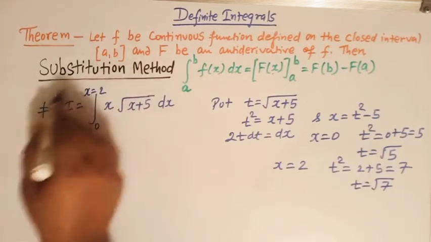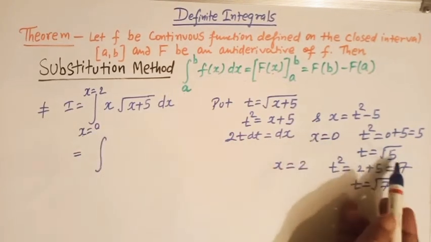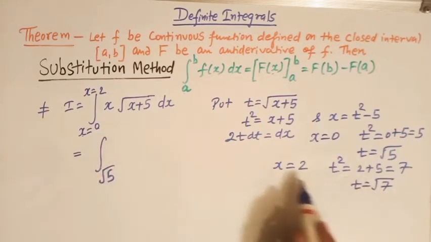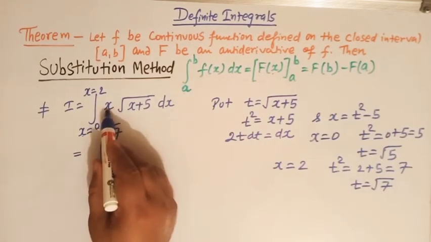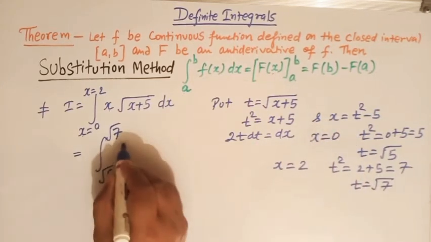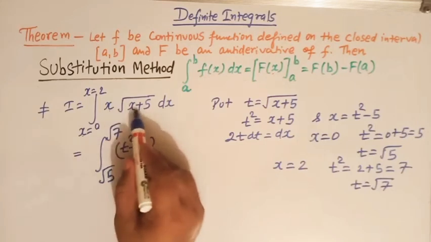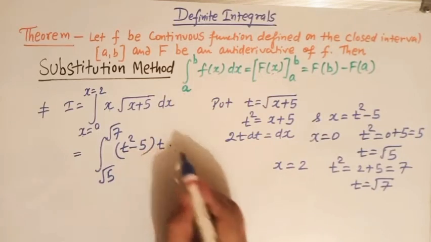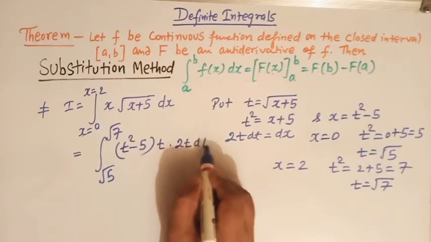So this integral becomes, for x equal to 0 we have t is equal to square root of 5, and for x equal to 2 we have t equal to square root of 7, and for x we have t square minus 5, and for square root of x plus 5 we have t, and for dx we have 2t dt, right?